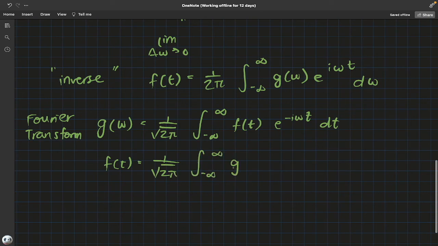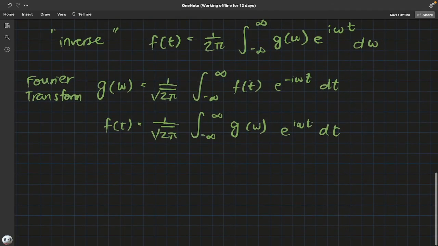Instead, now we plug in g of omega e to the i omega t d omega. This is your inverse Fourier transform, because notice if you plug g of omega into this formula, you have 1 over 2 pi because these square roots just square up and you get the original factor like we had up there. So it really is nice.